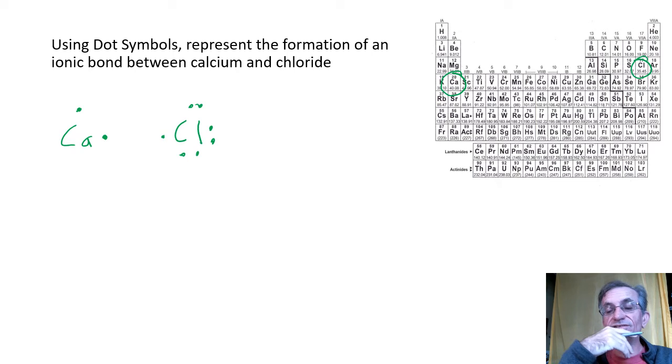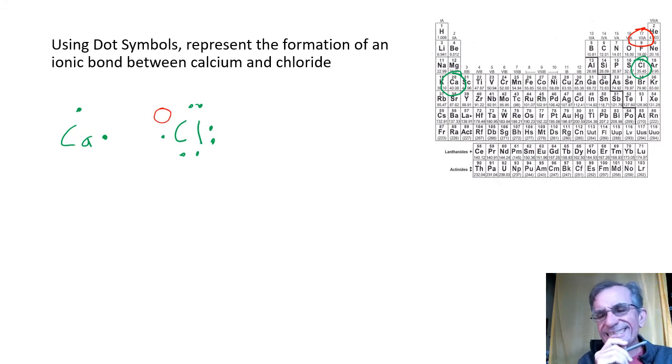Now, let's imagine these 2 things get together. There's something you might notice, right? Calcium has 2 electrons that he's trying to lose. But look at the chlorine. How many empty spaces does he have? He only has room, because he already has 7, for 1 more.